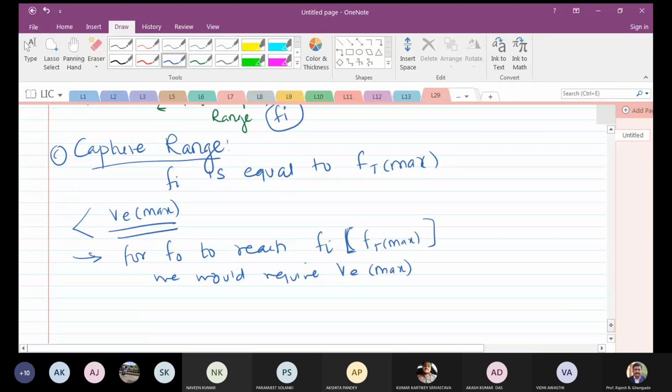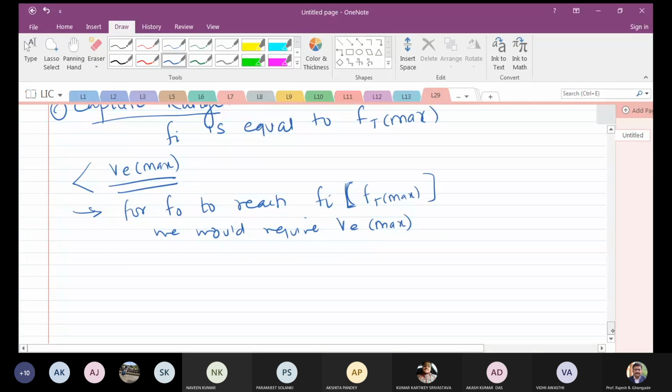And this error voltage is dependent on what? The phase difference between Fi and FO. But here FO is constantly changing. Initially, Fi and FO are not the same, no?